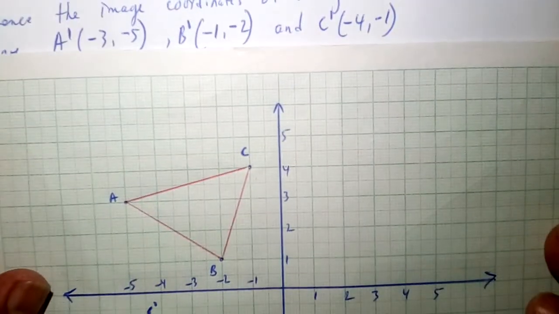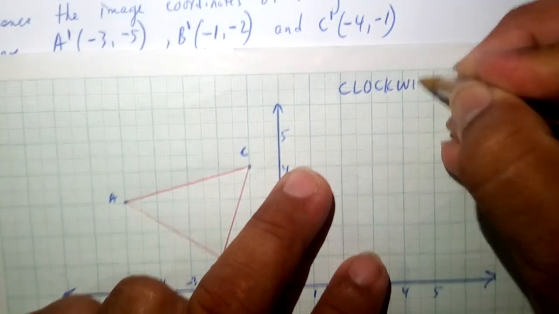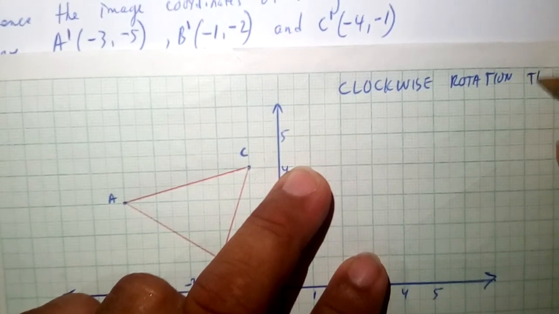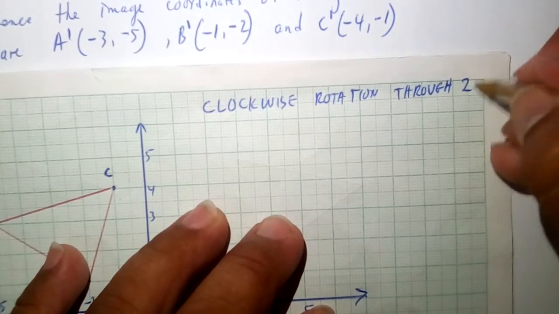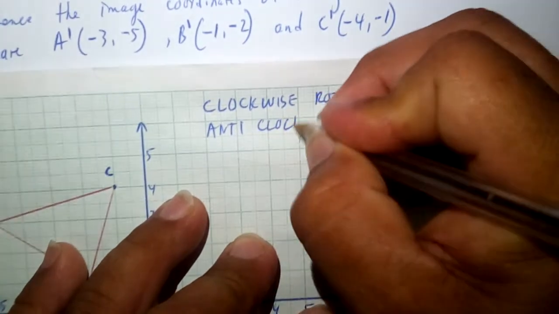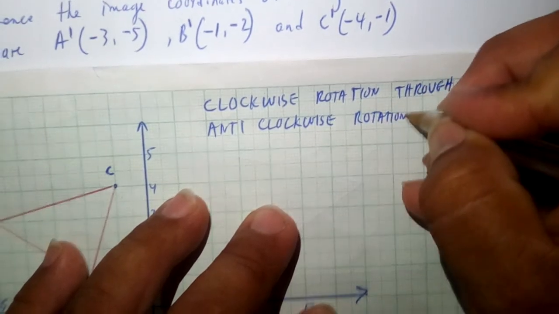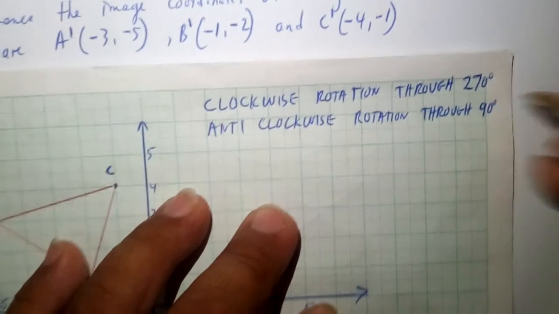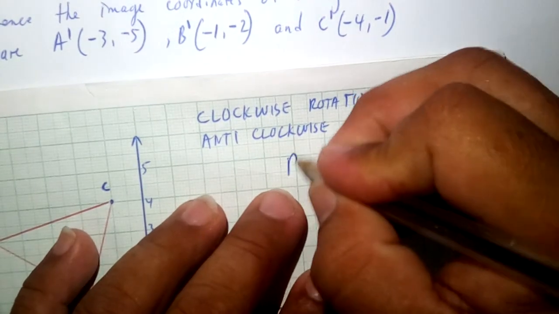So remember, this is now, let me write it here, and I want you to keep this as notes: clockwise rotation through 270 degrees, or if they said anti-clockwise rotation through 90 degrees. So they mean the same thing.